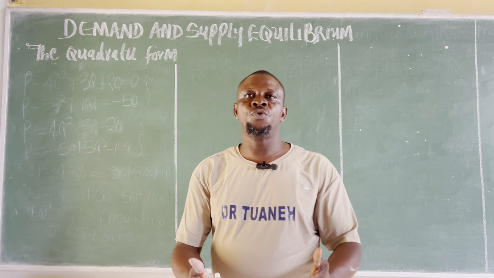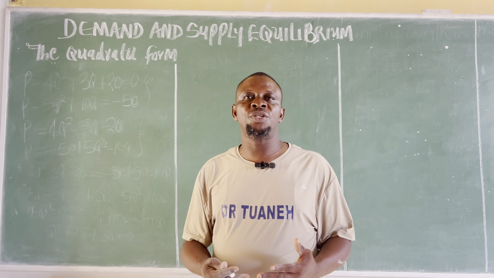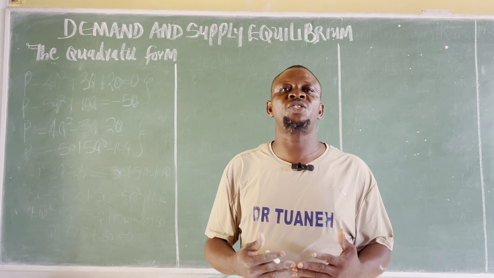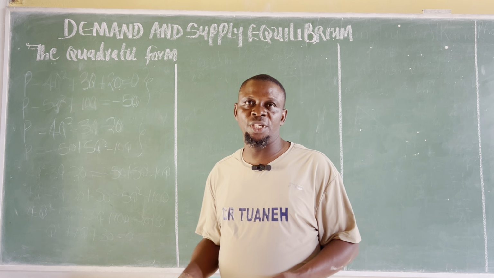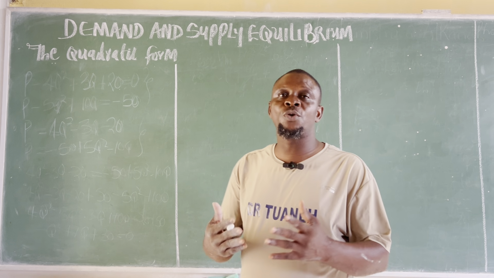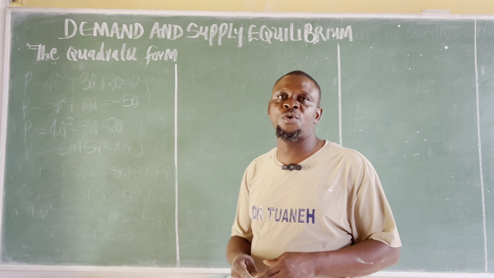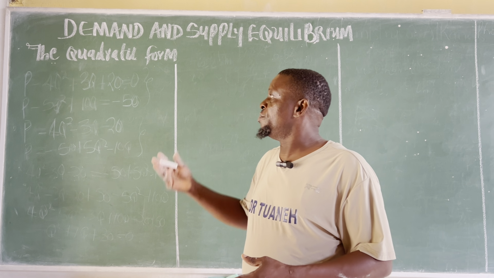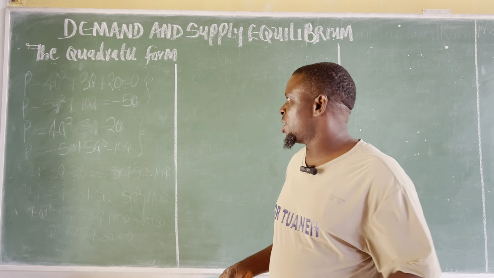Remember, we told you in our last video that a demand equation is a mathematical expression of the relationship existing between quantity demanded and the price of a commodity. The same thing is applicable to the supply equation. So this equation can actually be given in quadratic form. And when that happens, how do we handle the demand and supply equilibrium? Let's look at an example.